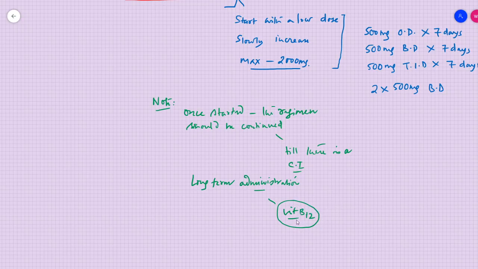So the patient should be monitored and supplemented with vitamin B12. But this problem is seen only in very long-term administration.